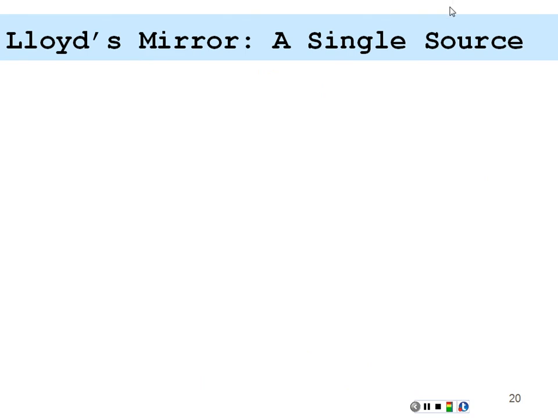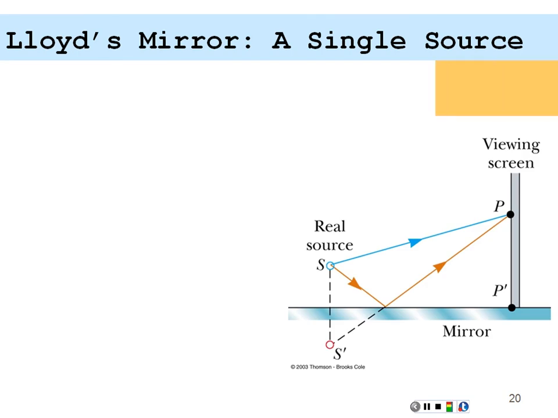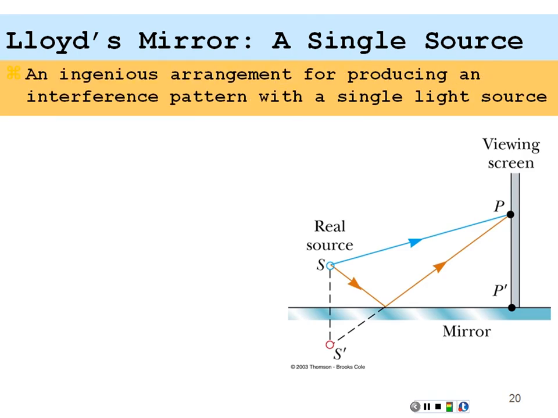We can also have interference through an ingenious design called Lloyd's Mirror. In Lloyd's Mirror, you have a mirror and you have one real source and you have a viewing screen.